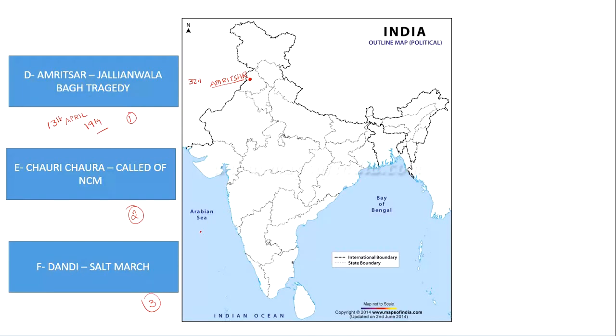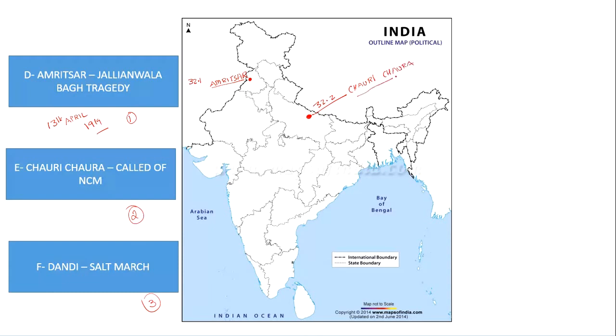The second important place here is Chauri Chaura. You have to go to Uttar Pradesh, roughly here. So you can locate here Uttar Pradesh, Chauri Chaura, this place, and write 32.2, and right here Chauri Chaura.